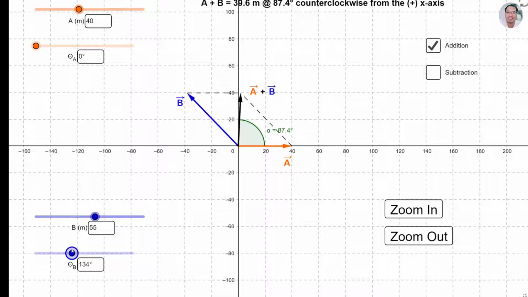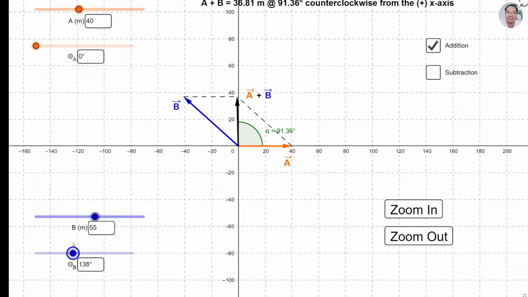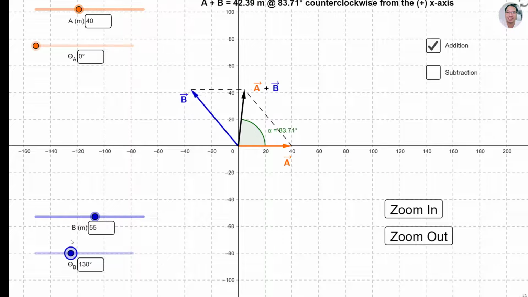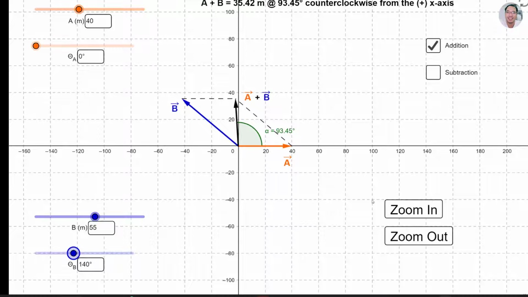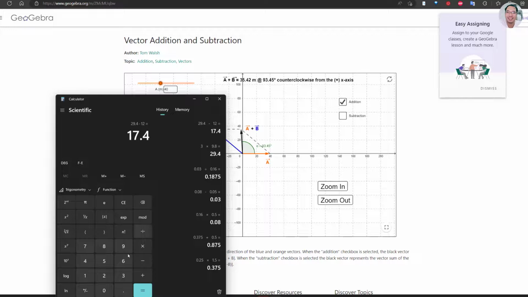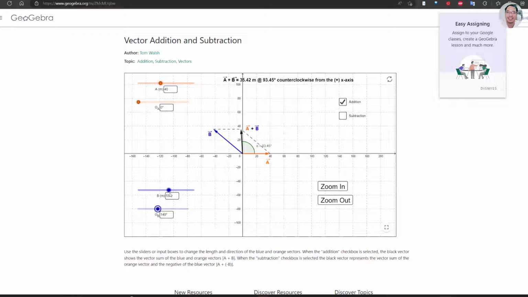So 38 degrees means the angle from this horizontal axis in the anti-clockwise direction to here is 180 degrees minus 38 degrees, which is 142. This angle is 142.